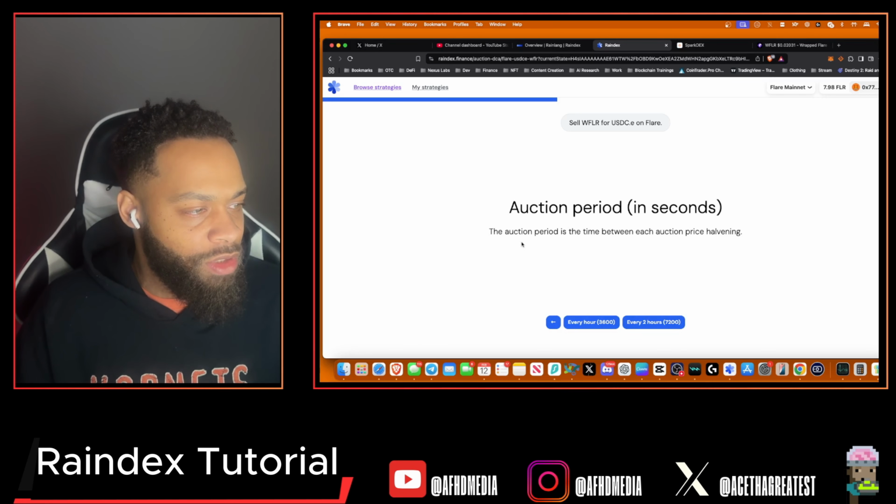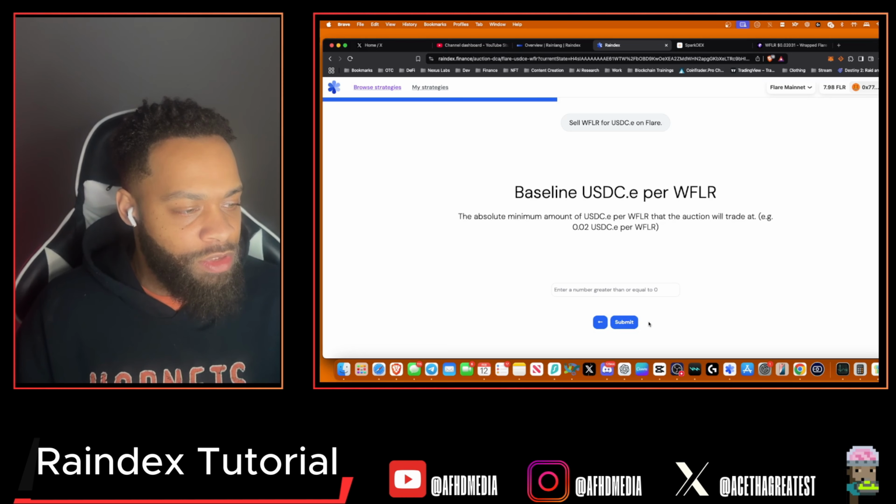Auction period in seconds. So the auction period is the time between each auction price halving. So how often do I want the price to halve in terms of what I'm asking for per auction? We'll just say every 2 hours. And then the baseline USDC per wrapped Flare, the absolute minimum amount of USDC per wrapped Flare that the auction will trade at.